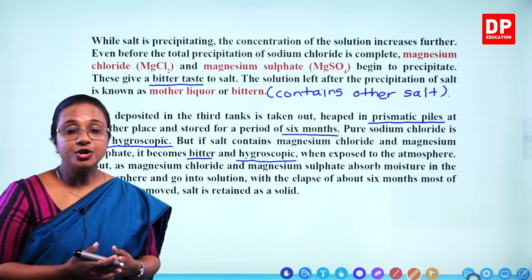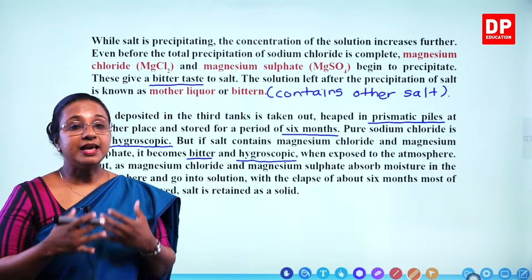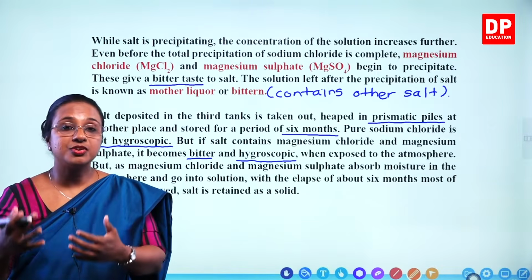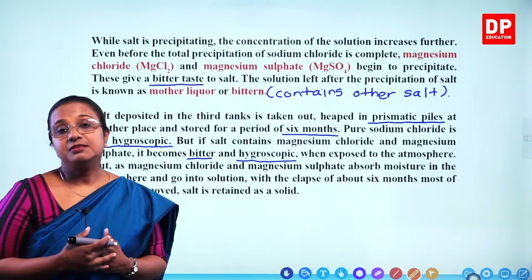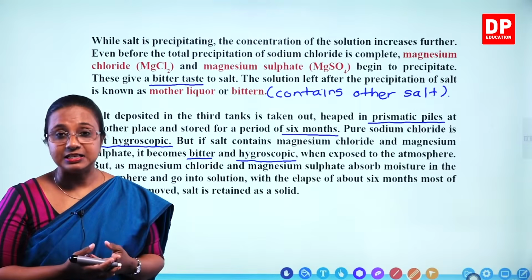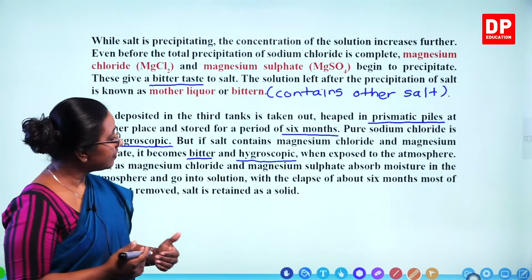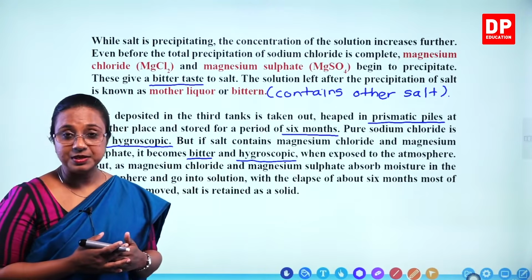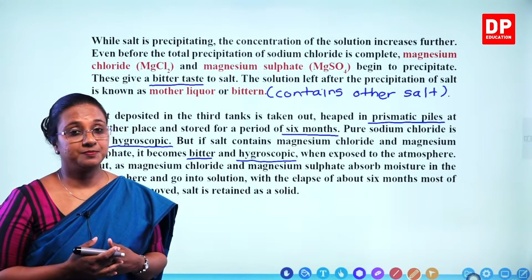And as I told you all before, in order to produce iodized salt, the pure salt is treated in a certain manner. A chemical reaction takes place where iodine is added to produce iodized salt. Otherwise, the pure salt also can be used for consumption.